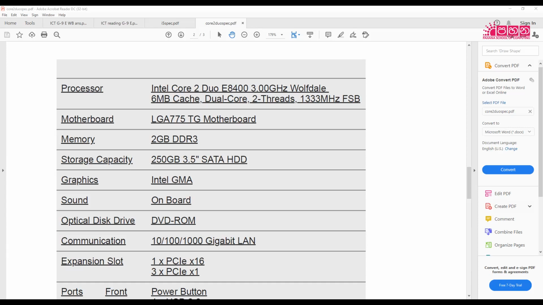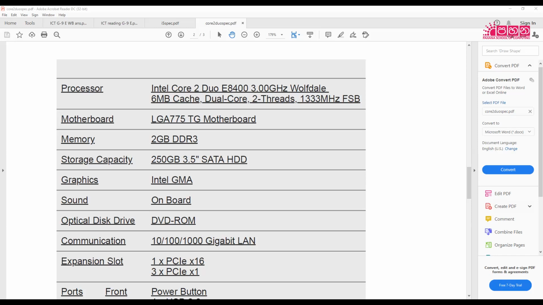Seniru, what is the speed of the processor? 3.00 gigahertz. Yes, we have a 3 gigahertz processor.